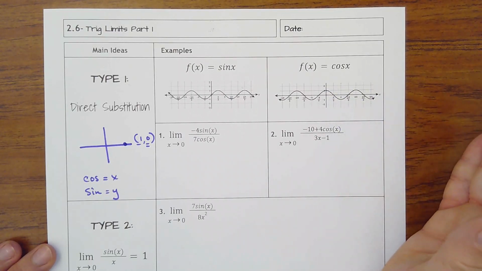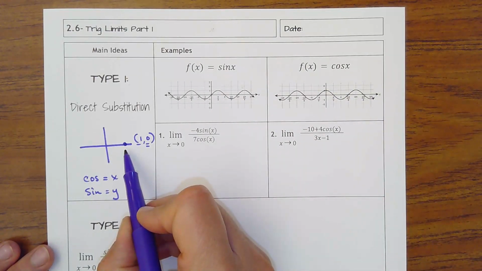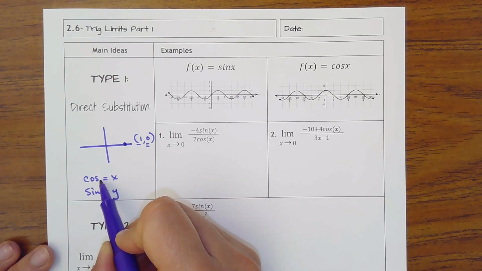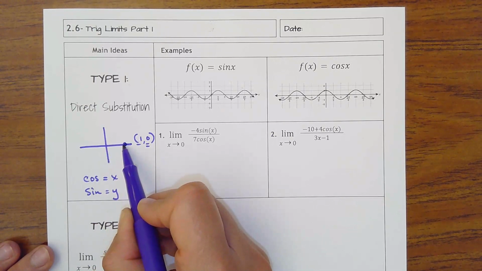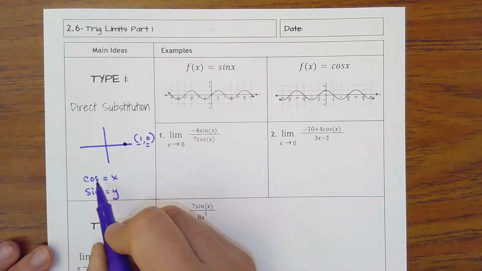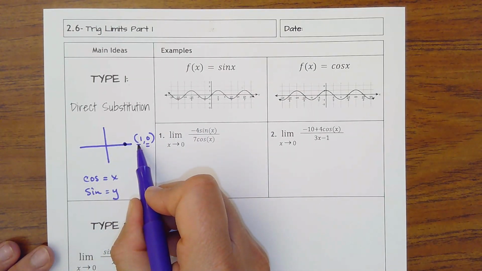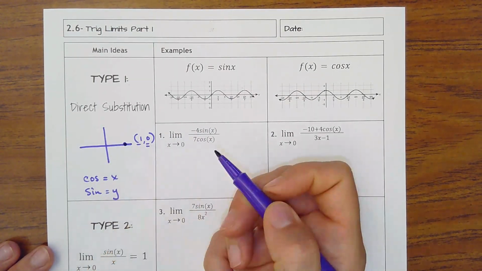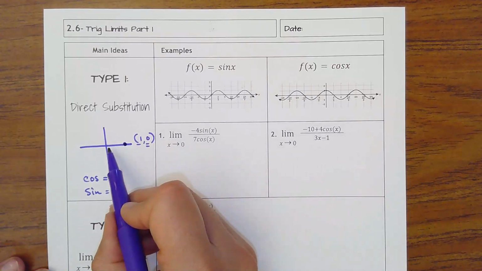So you could think of the graph, or think about our unit circle when we have like cosine of 0. So that would be at 0 degrees. We're not even making a triangle. It's just the ordered pair. We went right 1, up or down 0. Cosine is always the x value of the ordered pair, whereas sine is always the y value of the ordered pair.